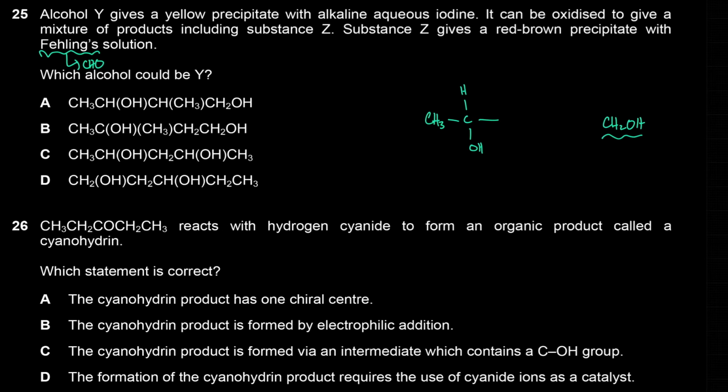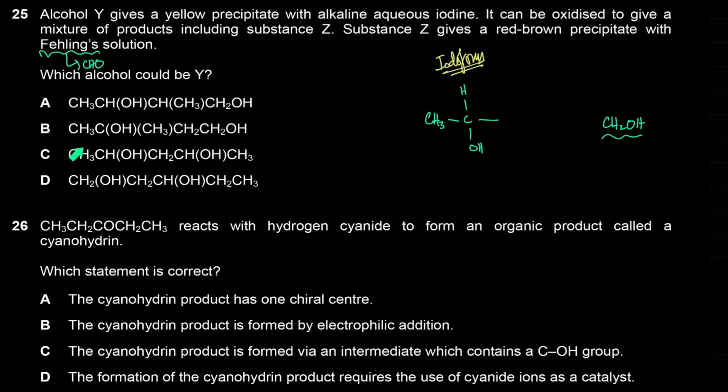We have this alcohol group present for iodoform, and we have a primary alcohol present because oxidation is giving us a CHO group, which we also find in aldehydes. So it has to be a primary alcohol.